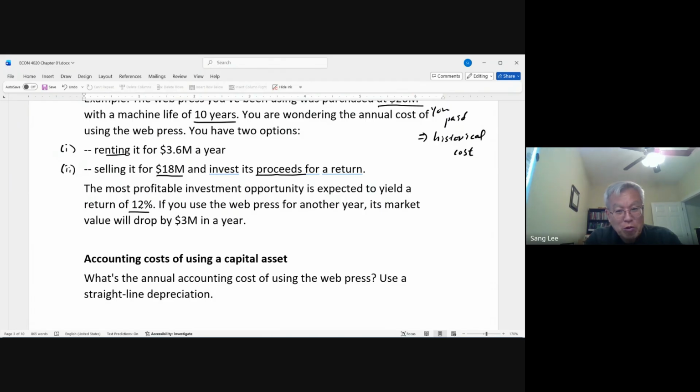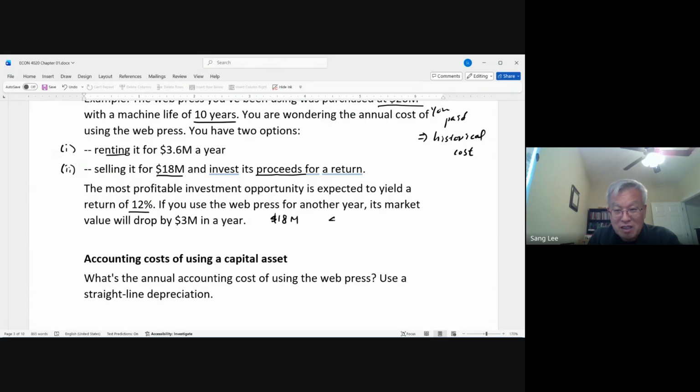And if you use the web press machine for one more year, its market value will drop by $3 million a year. So if you sell it right now, today's market price is $18 million. But if you use it for one more year and sell it this time next year, your web press machine is a year older.